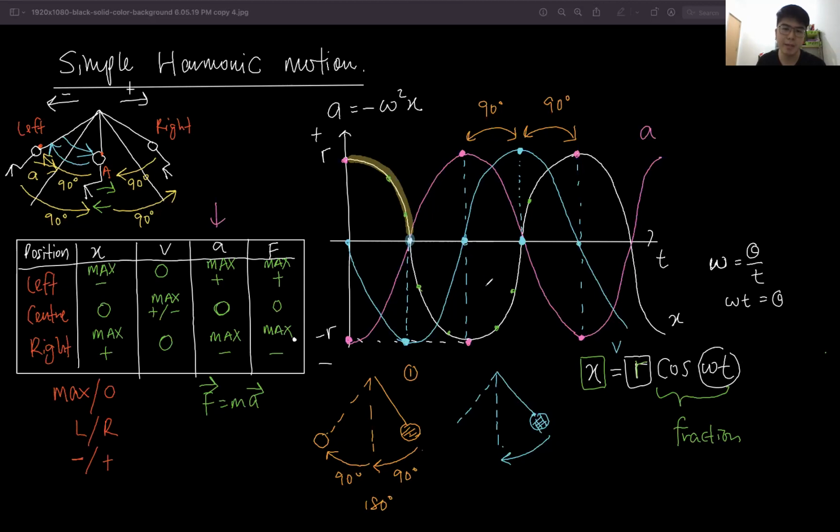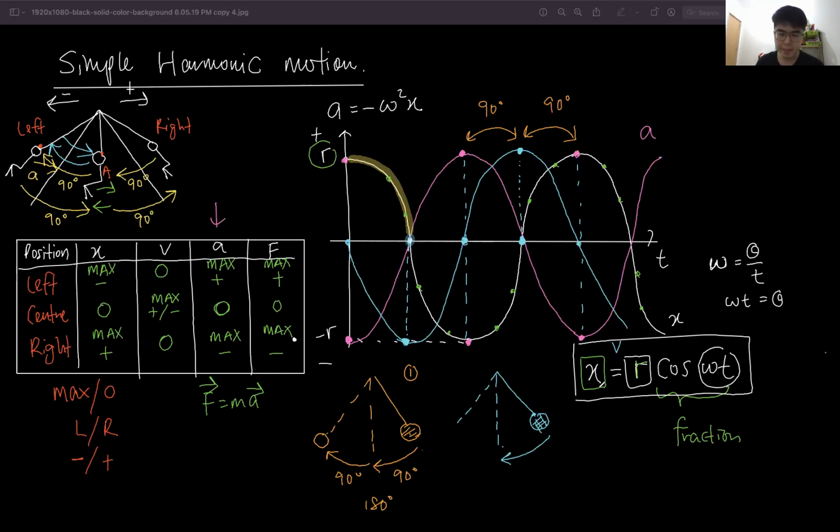So at any point in time, the displacement of the object is a fraction of my amplitude here. So this equation represents this curve here. You have to remember this one. You are going to need this in the calculation part.